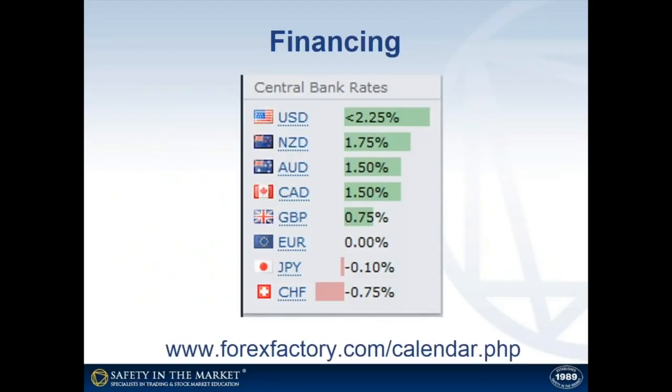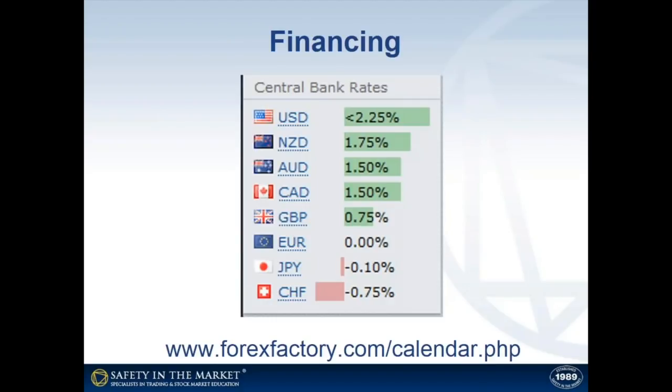Okay, so as I'm recording this in the middle of October 2018, these are the central bank rates that are used for calculating our financing on our FX trades. Right at the top of the list, the US dollar, the interest rate is 2.25%. Technically, it is less than 2.25%, but for all intents and purposes, we'll just call it that.